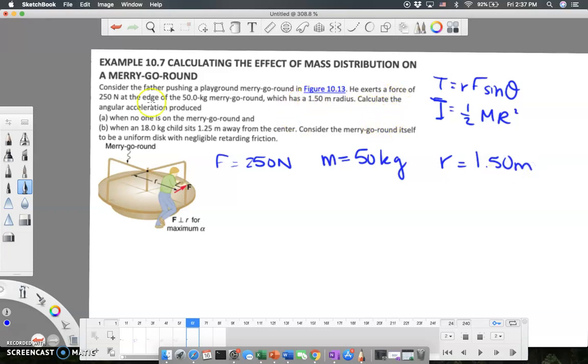And we want to calculate the angular acceleration produced in both of these cases. So our first case is going to be when no one is on the merry-go-round. Okay, so there's no additional mass or anything like that.